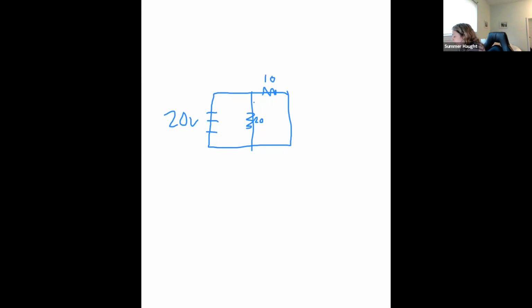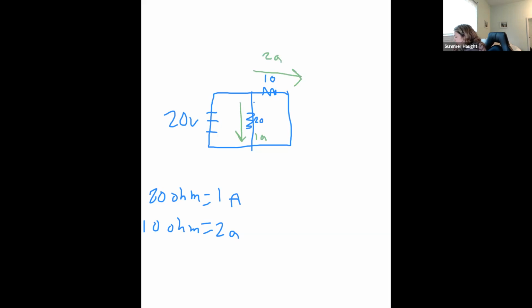And we know from our calculations that the current on the 20 ohm branch was 1 amp. At the 10 ohm branch, we calculated that the current was 2 amps. So that means right here, the electrons going down this path are going 1 amp, and the electrons going this way are going 2 amps.